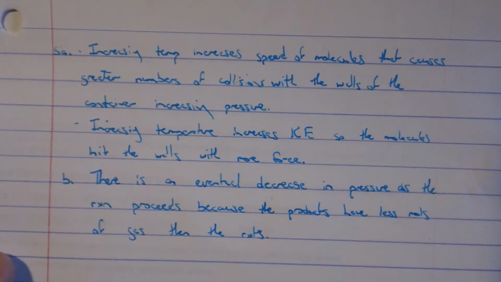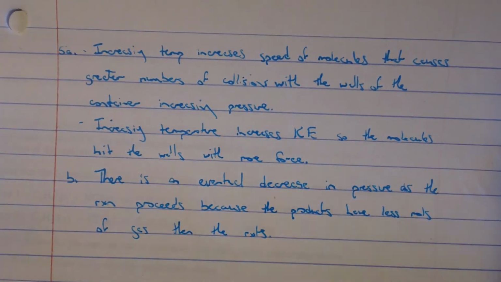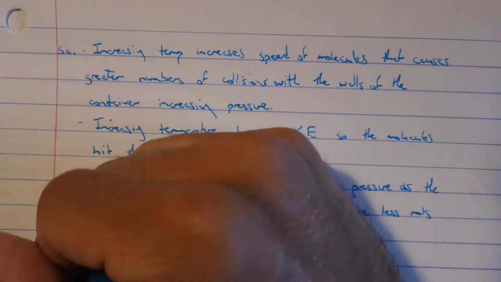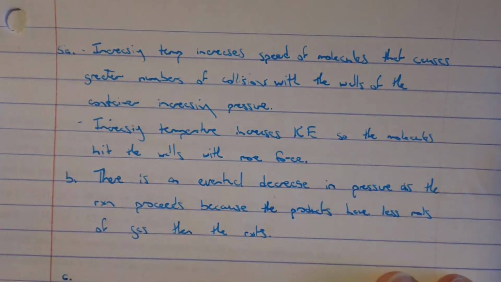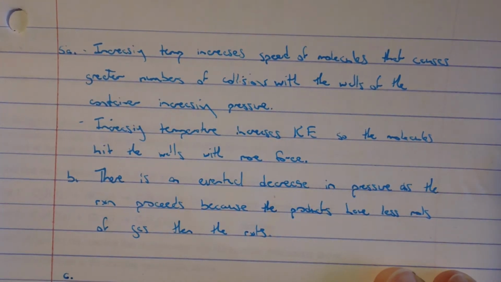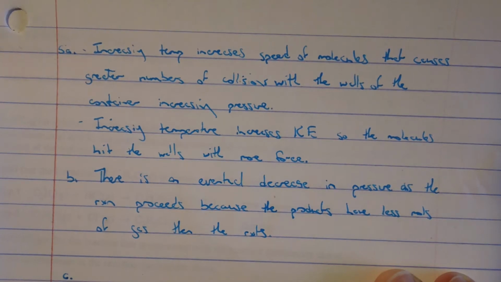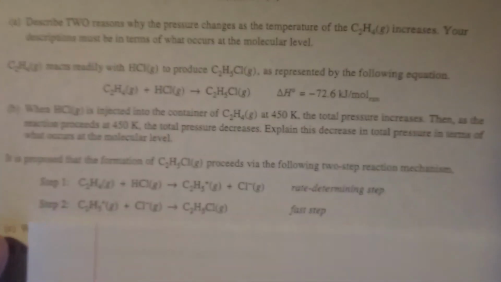That's what we're dealing with there. We go from 2 moles of gas to 1 mole of gas. We should see a decrease in pressure as that reaction progresses. That's 5B.